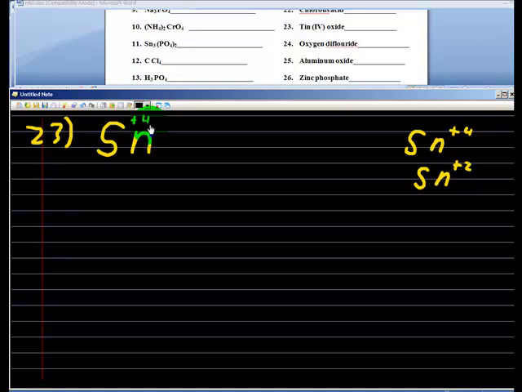You know that because the Roman numeral told you that. Now, oxide is oxygen. Oxygen is going to assume a -2. Therefore, to balance out the charges and become neutral, I need to have 2 oxygens linked with a single tin-4. And so this is what tin-4 oxide would look like.